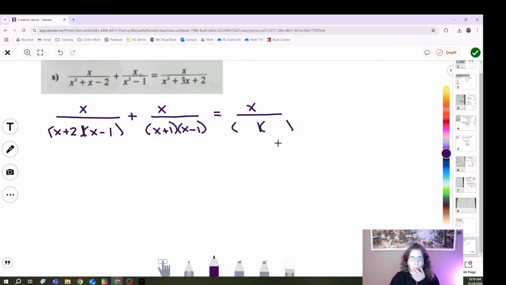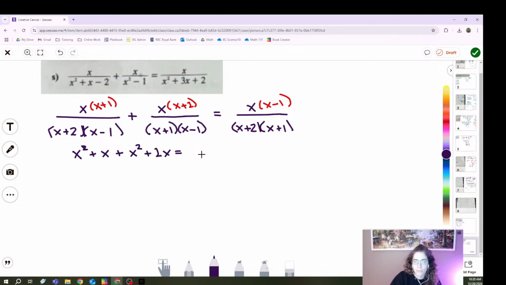Okay, put it together. Awesome, and since we're solving it, we don't care about writing the denominator. Group all your like terms together.